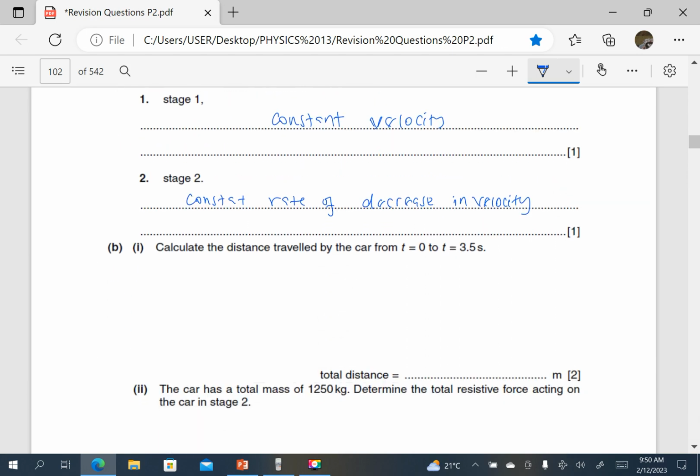Then calculate the distance traveled by the car from t equals 0 to t equals 3.5. That means it is the area under the graph. So distance is equal to the area under the graph, and that will be for both stages.